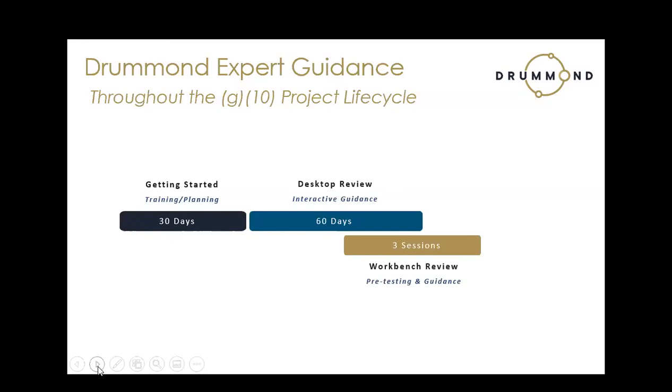There could be an overlap with that of the Workbench review, having the availability of up to 3 sessions to have the Drummond team work with you to put your product through the paces of a test tool, and again, interpret the results and make some recommendations with a goal towards all of that, again, separate or combined, leading you to a full-fledged G10 compliance, and you're off and ready to go and fulfill the final stage of demonstrating your product and setting up a certification test date with the ONC Test Lab.